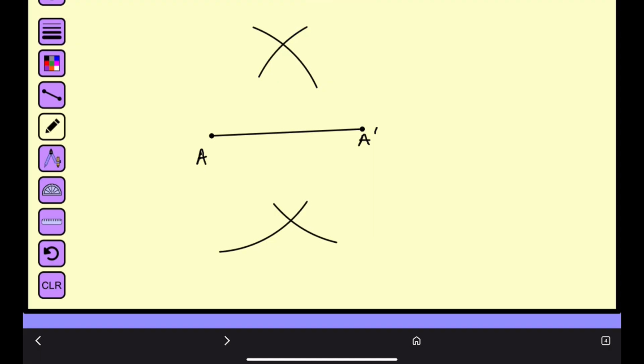Now look at the points of intersection of the arcs and connect them using a straight line. So this is the line of reflection, a perpendicular line which divides the line segment into two equal parts.